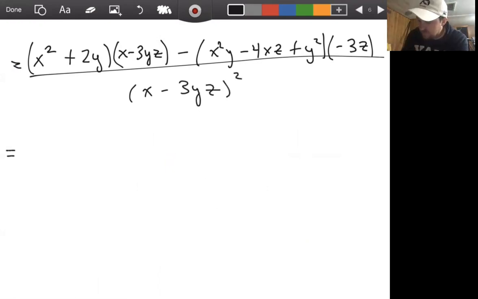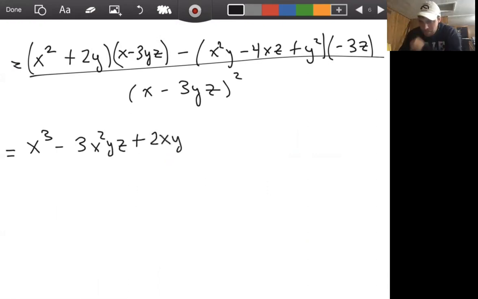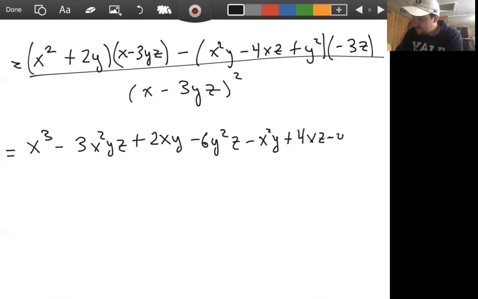We can again do some simplification here. We get x cubed minus 3x squared yz plus 2xy minus 6y squared z, minus x squared y plus 4xz minus y squared, and all of that is times negative 3z.